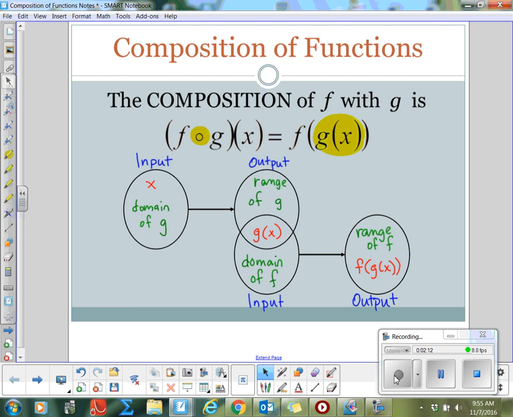Generally speaking, the composition of two functions means you've performed two different functions on an input. So what we want to learn how to do is to find a single composite function that does the job of both individual functions at once.